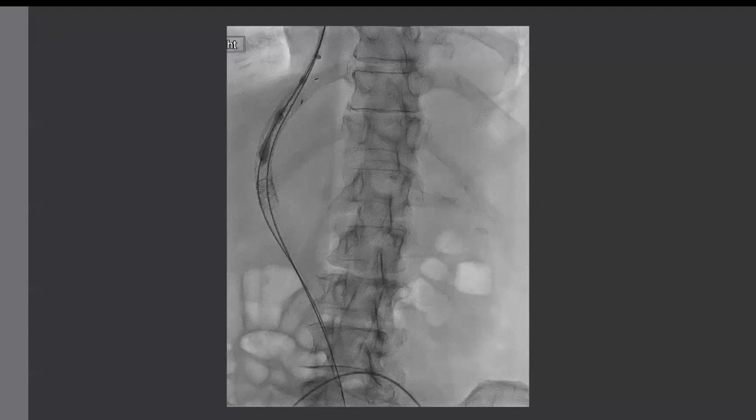And so you open your new TIPS inside of the existing TIPS, and then you expand the balloon expandable stent next to it. And that compresses the new TIPS stent inside of the existing TIPS. So you have three different stents present.